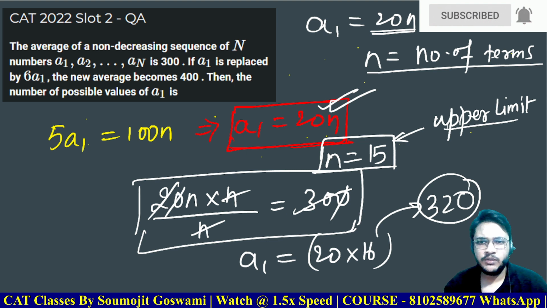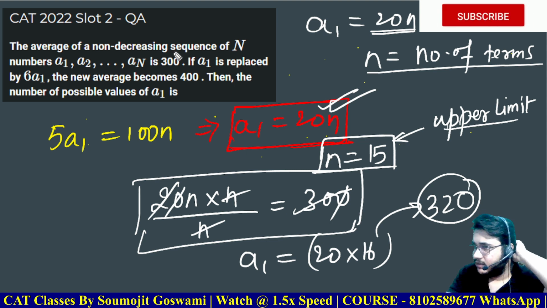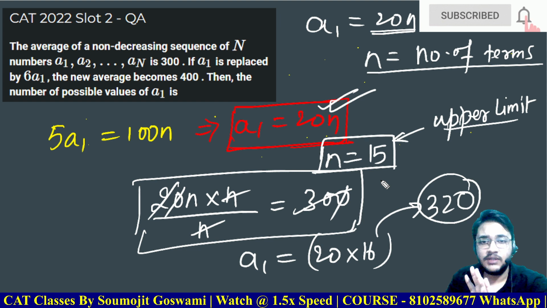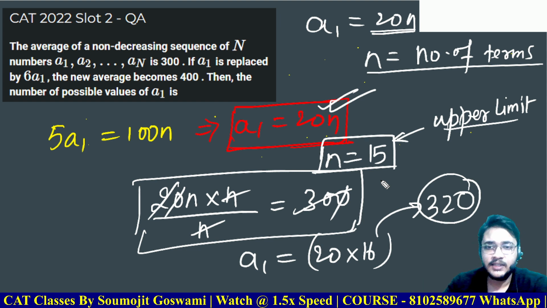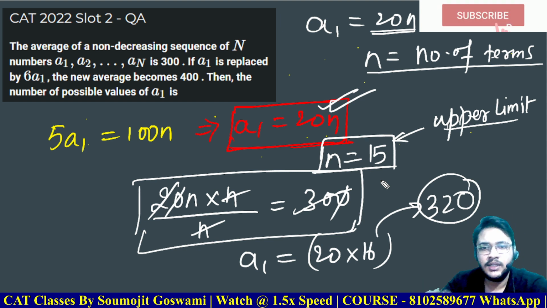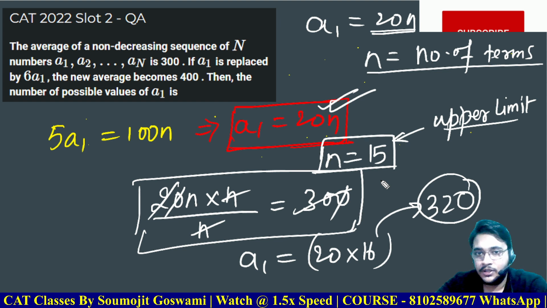Is the average going to be 300? So the average can never be 300 for n is equal to 16. Now that is a very interesting idea, because now my upper limit has been defined at n equals 15. So now you know where we are going.